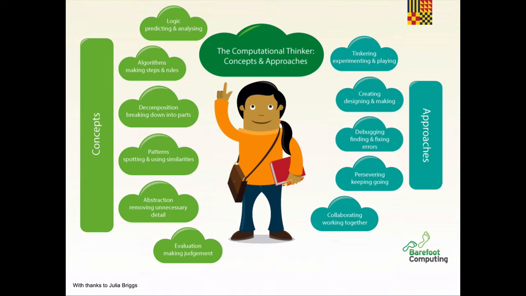So as well as those concepts, we think computer science programming has a number of typical approaches as well. I think these are also very, very effective across the curriculum, not just in computing lessons: of tinkering, of playing, experimenting, having a go at things, of making something. Again, Patrick's great insight: children learn best, not merely through play, not merely through conversation, but through making things to show to others.